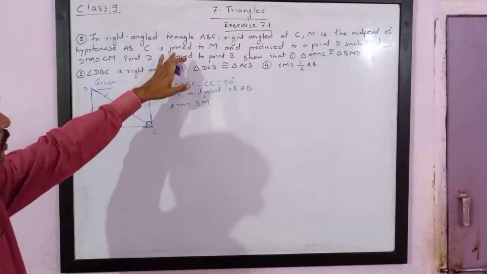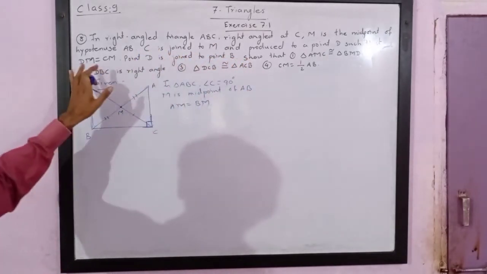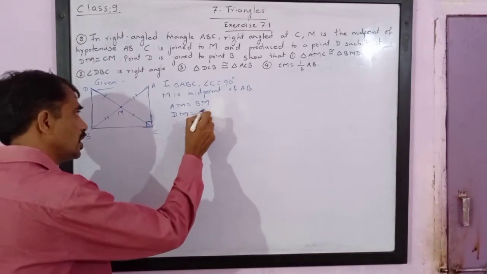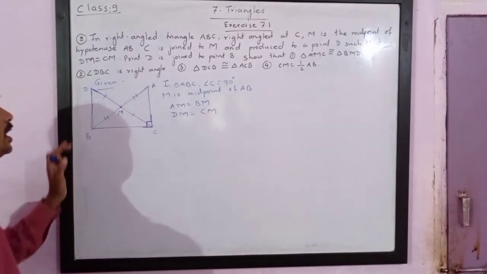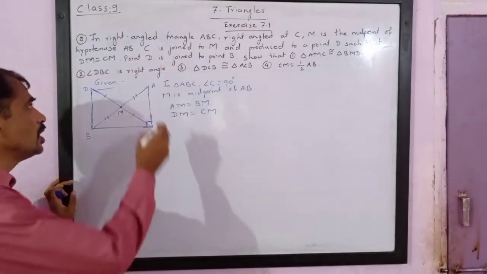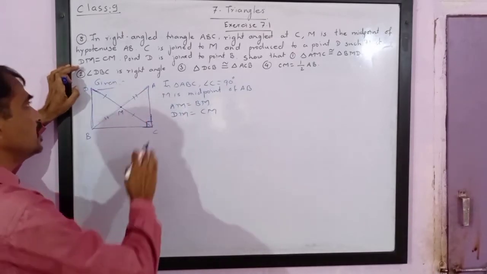Then we are given C is joined to M and produced to point D such that DM is equal to CM. This is also given. Then point D is joined to B. Here we get another triangle DBC.